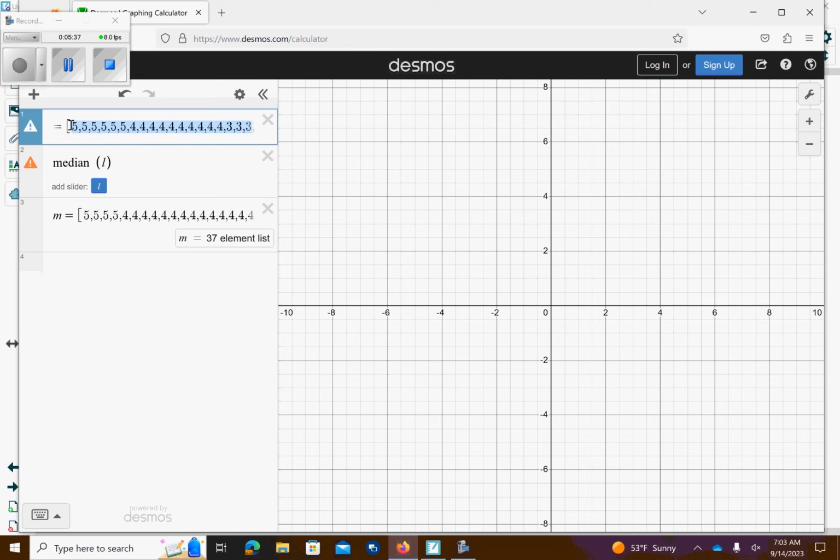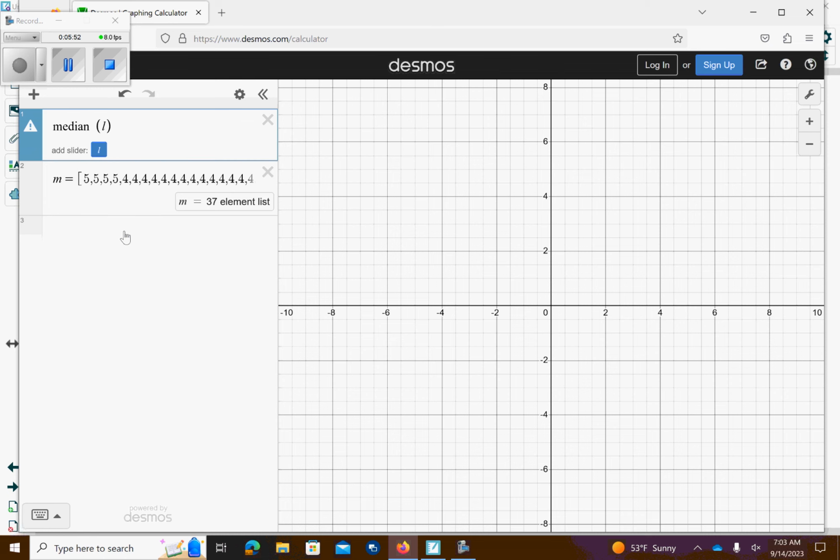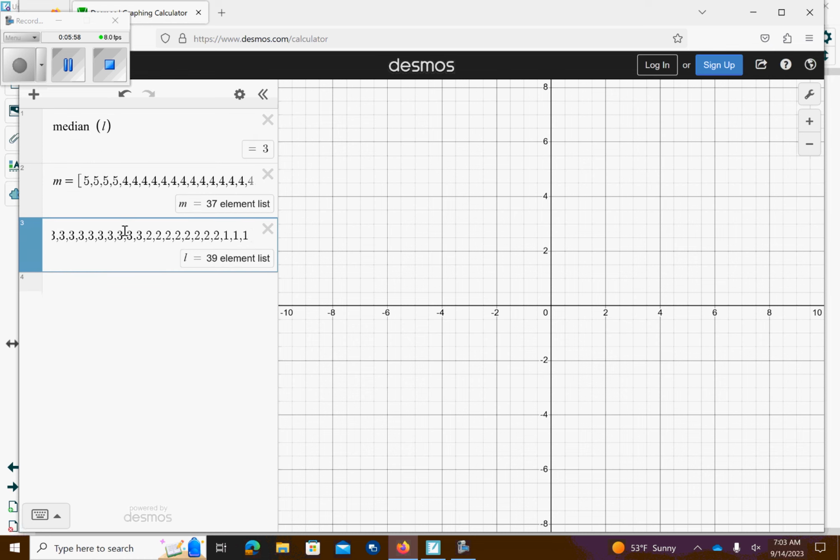There's some reason Desmos isn't real happy with us. Call it N. Okay, maybe let's get rid of that. Call L down here. Square bracket B. All right. Okay, so that appears to be right.